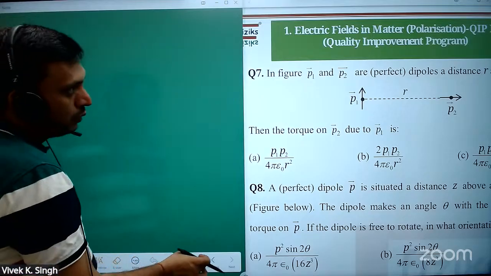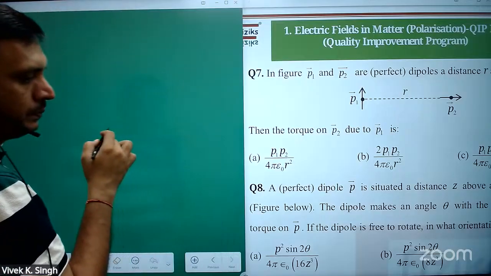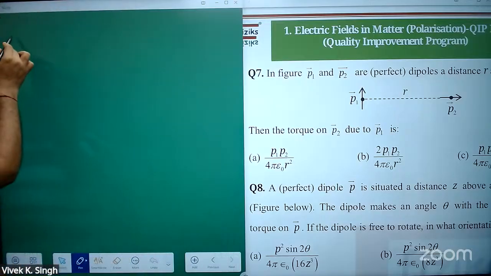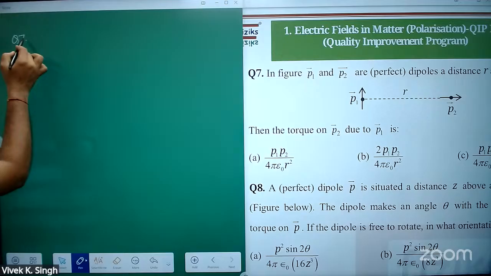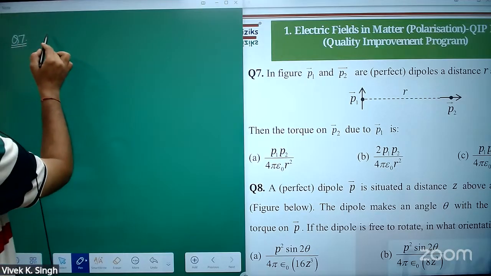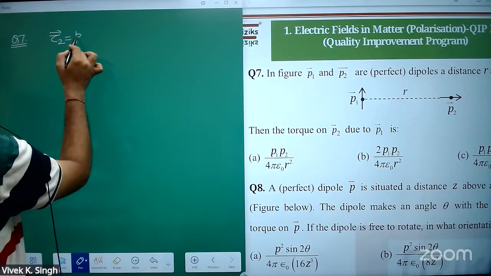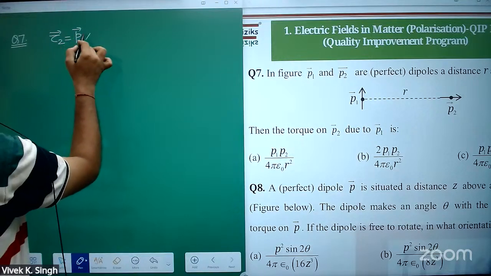So what you will do now, this is the dipole. You have to find the field at P2. So in question number 7, the torque on P2 is given by P2 cross E1.